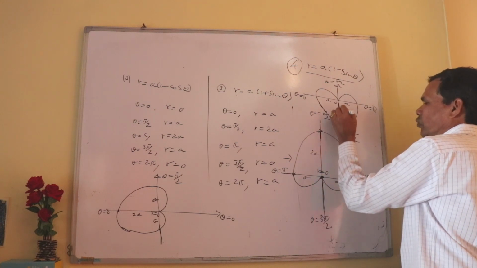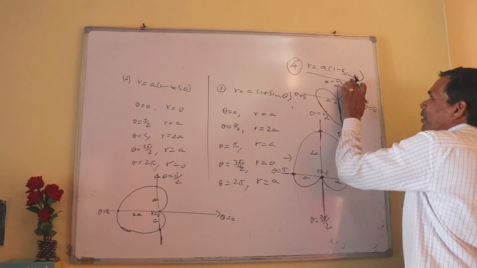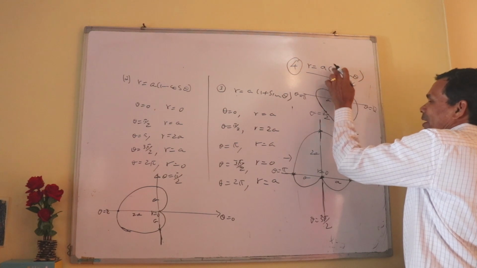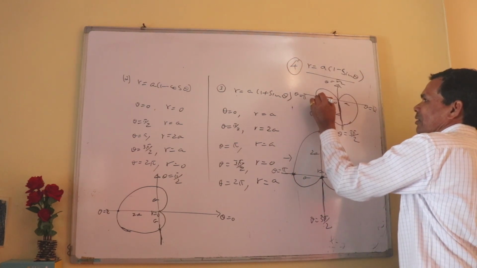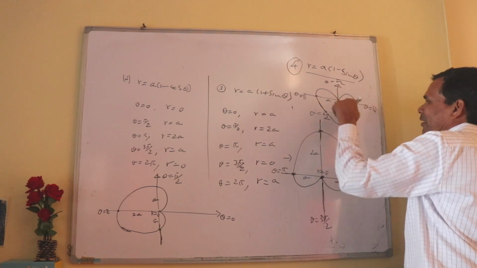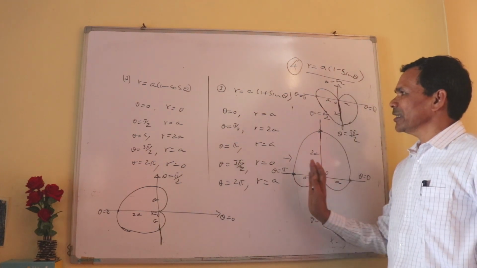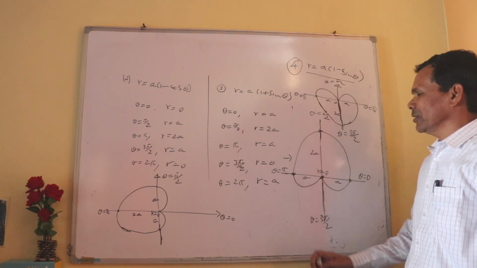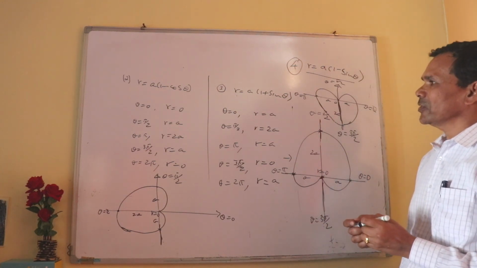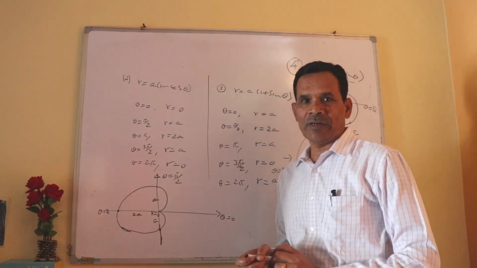If you observe, it is 2 times a at theta is equal to 3 pi by 2, and these are the points you are having, and this is the shape. So this is the shape of all these cardioids. These are important curves as far as polar curves are concerned.